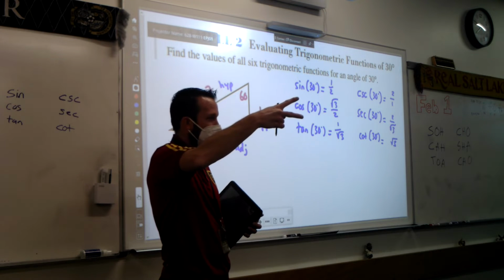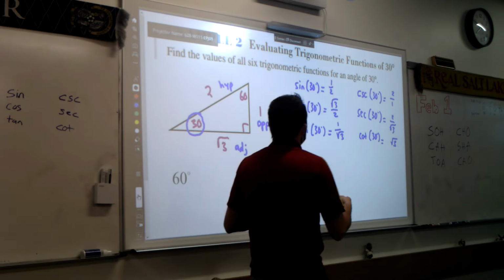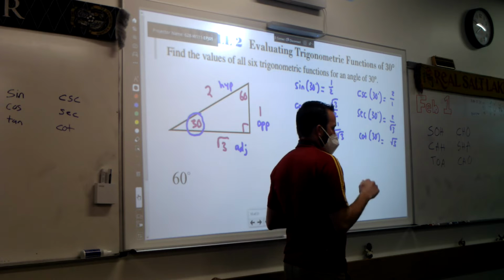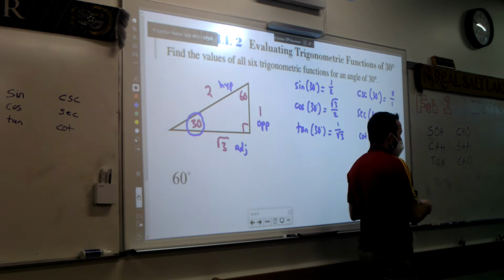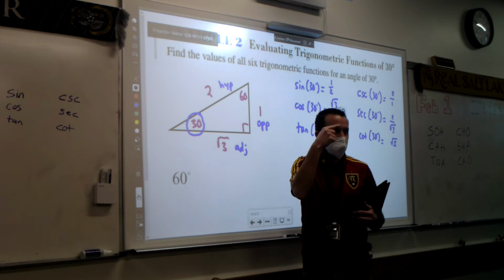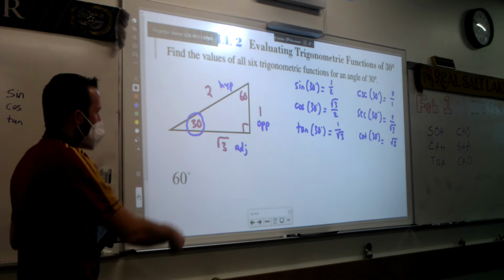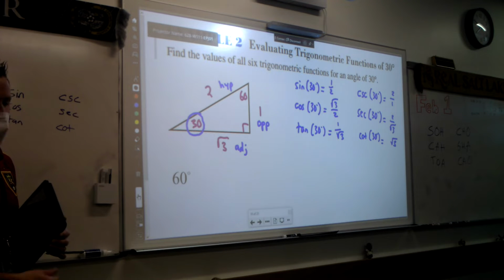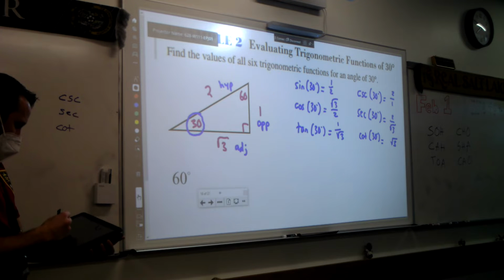You flip it, right? So if sine is 1/2, cosecant is just 1/sine. So if I wanted to do the cosecant of 30, I would put in my calculator 1 divided by sine of 30. You just do the reciprocal of SOHCAHTOA.